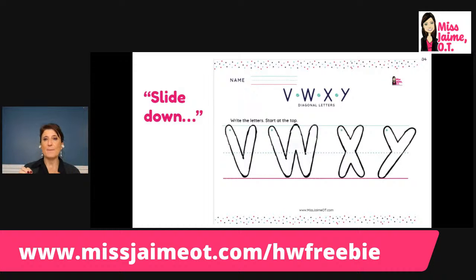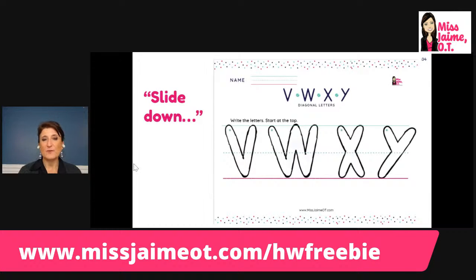So I try to teach them the letter X first, straight line down, and then straight line down. And then for Y, we do a little line and then stop and then straight line down, which is similar. So it's very similar movements. V and W are very obvious why they should be taught together. But the X and the Y, I like to teach Y with X because I don't want the kids to have that habit of making that V.